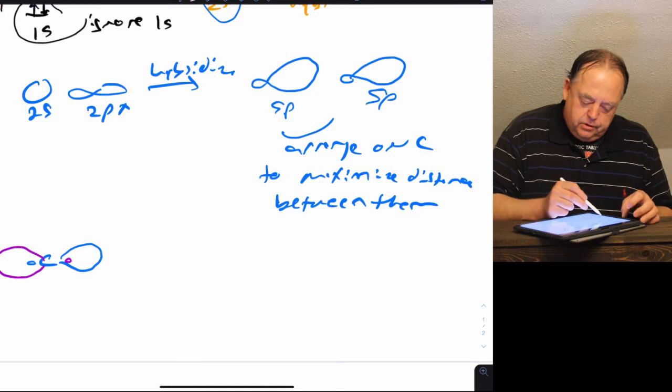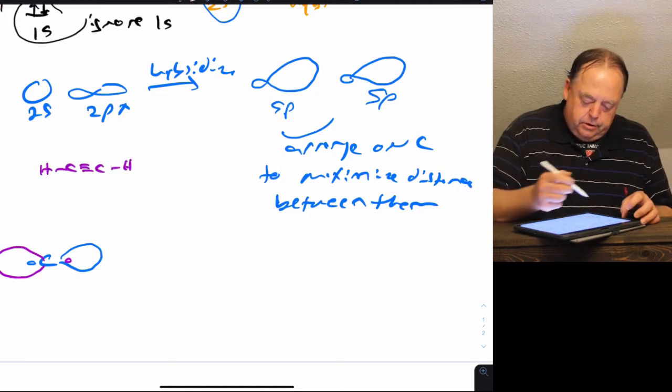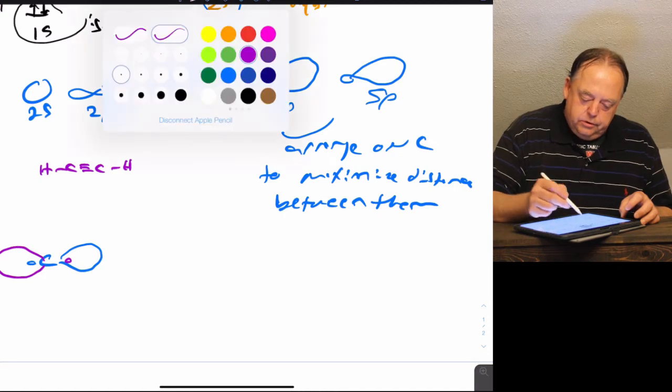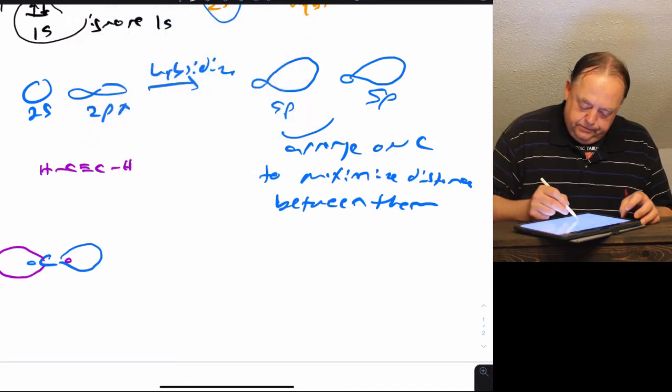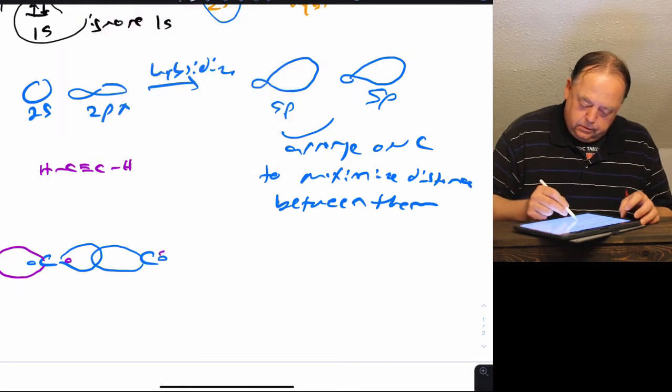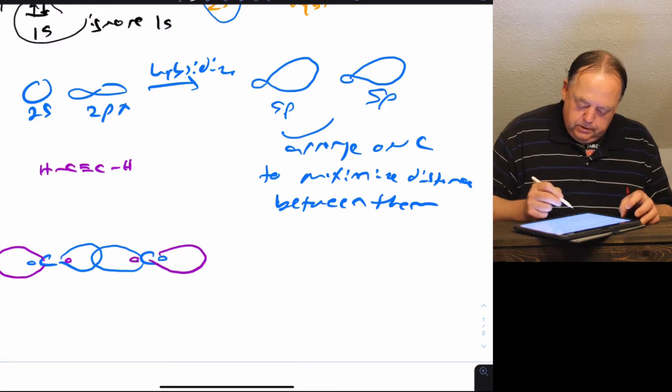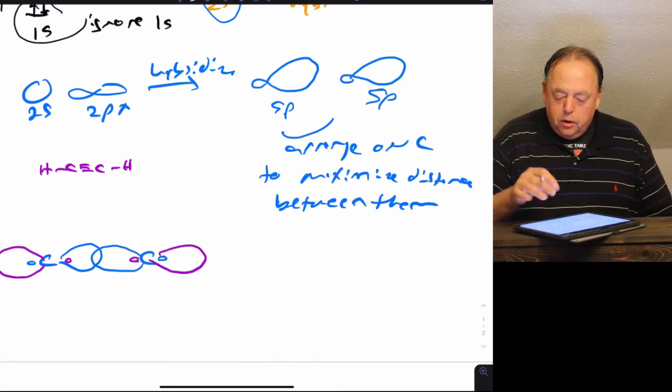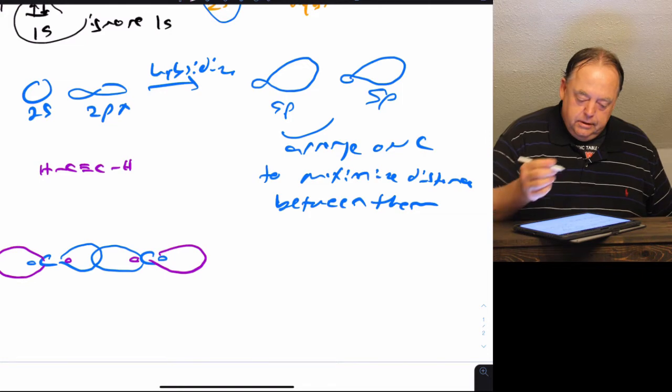And then both carbons are the same, of course. The other carbon is going to have an identical set of orbitals, just a mirror image of the first one. So that would be both carbons' sp hybridized orbitals.